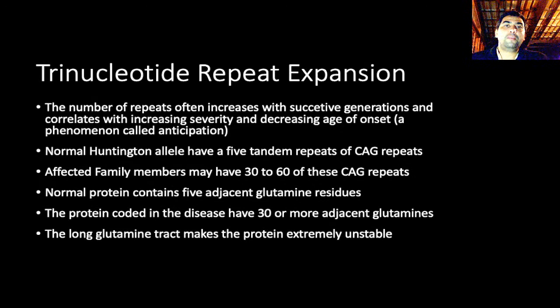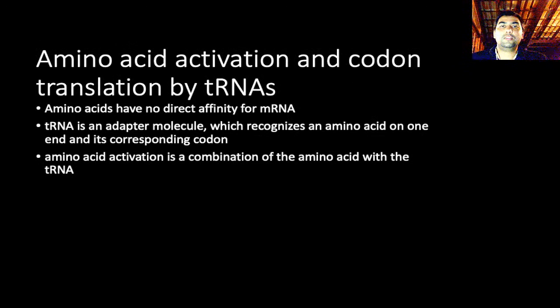Affected family members may have 30 to 6 of these CAG repeats. Normal protein contains 5 adjacent glutamine residues. The protein coded in the disease has 30 or more adjacent glutamines. The long glutamine tract makes the protein extremely unstable.